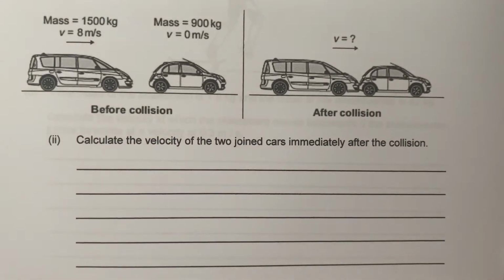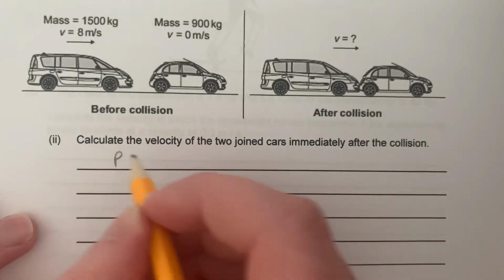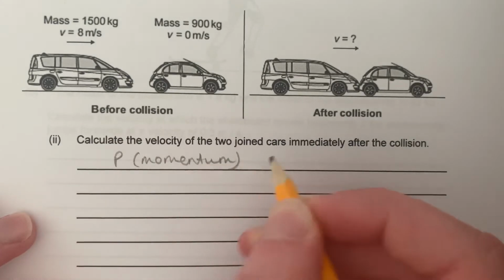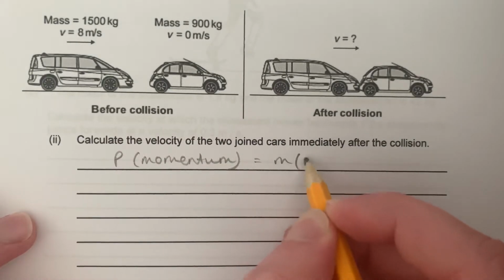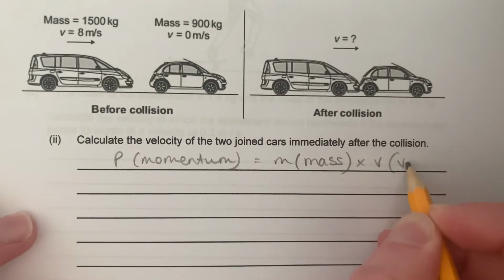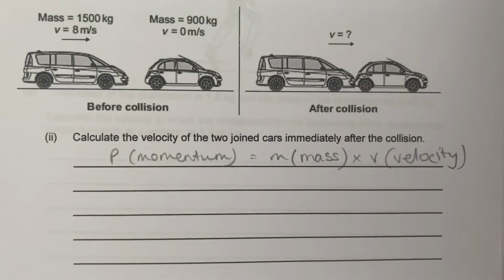Now, the equation that you're going to need to use for all of these, hopefully you know, is P, being momentum, equals m, being mass, multiplied by v, being your velocity. Okay, so that is the equation that you're going to use.